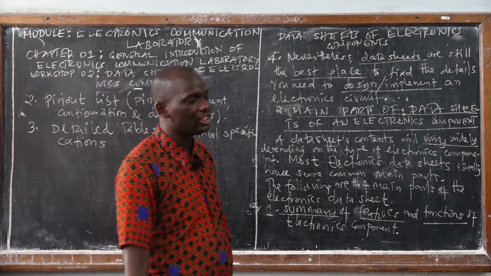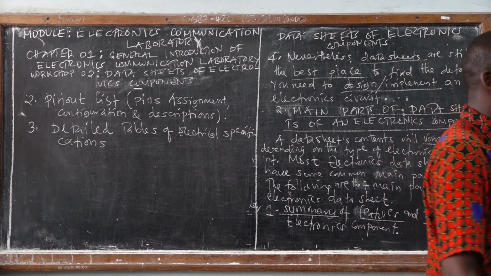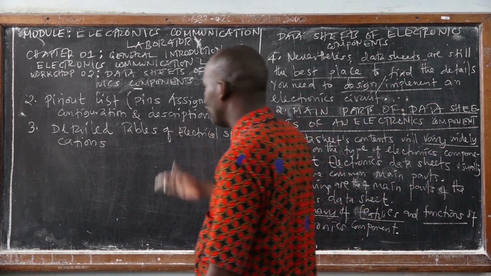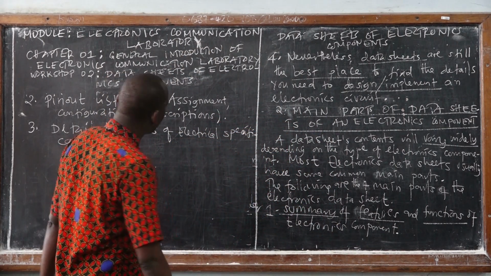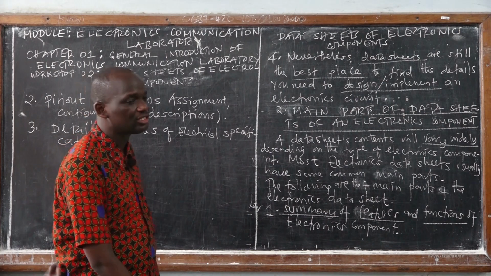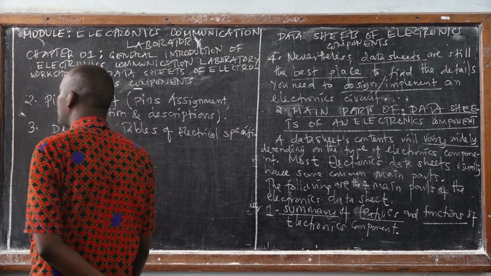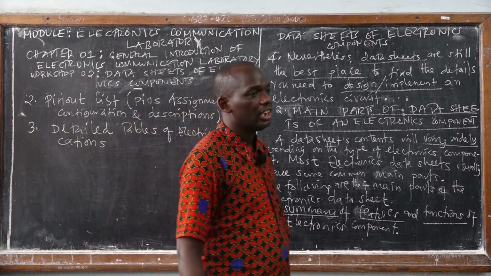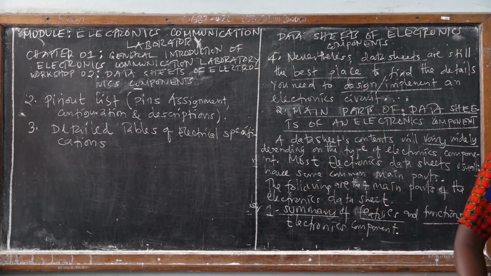So, okay, if you like, you can read the second main part, because for me, I like to read it several times in order for it to click in my mind, because there is a secret hidden there. Saying pin out list. Then saying pins assignment. Then pins configuration. And then pins description. It means what the function of each pin, what the function of each terminal is.